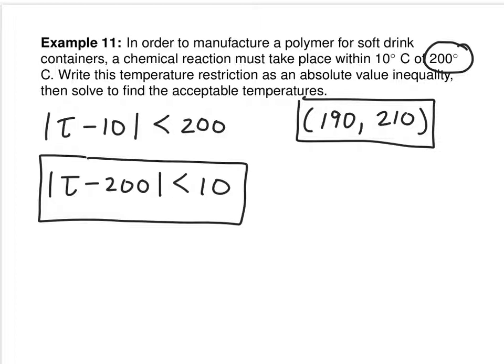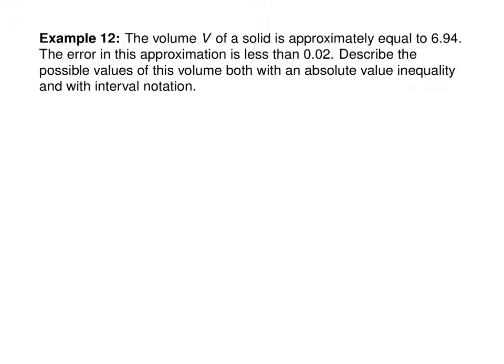Another place that happens is with measurements. Does it make sense that measurements are often not exactly exact? They're within a certain margin of error, right? So this volume is approximately equal to 6.94, and the error is less than 0.02. So what numbers would your volume be between? What is the lowest it could be?